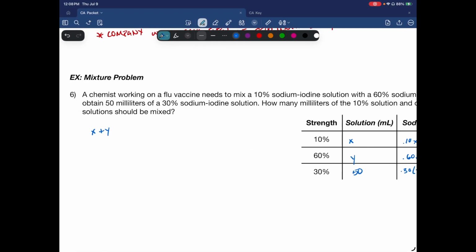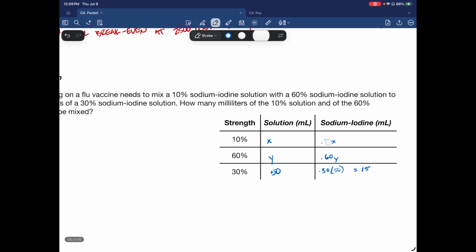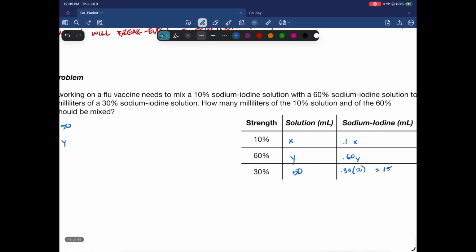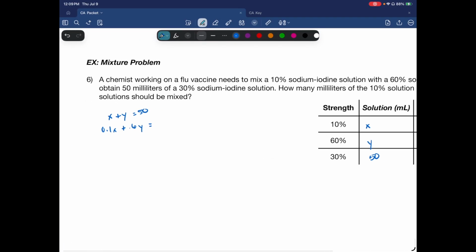So I got x plus y equals 50 for one of them, and then I got 0.1x. You can say 0.10 or you can say 0.1. It's the same thing. 0.1x plus 0.6y. Again, you don't have to include the 0. Equals 15.